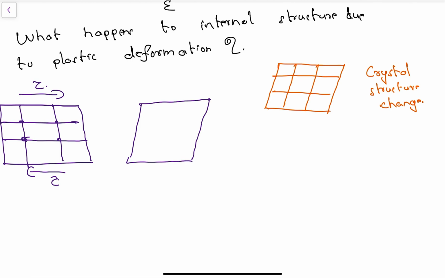The second possibility is that the crystal structure will not change. That means it deforms, but the crystal structure will not change. That means the crystal structure will look like this.